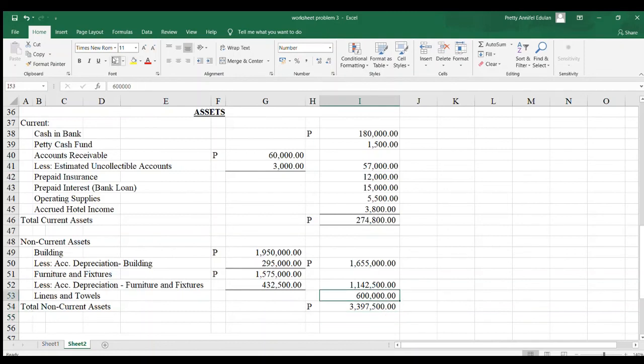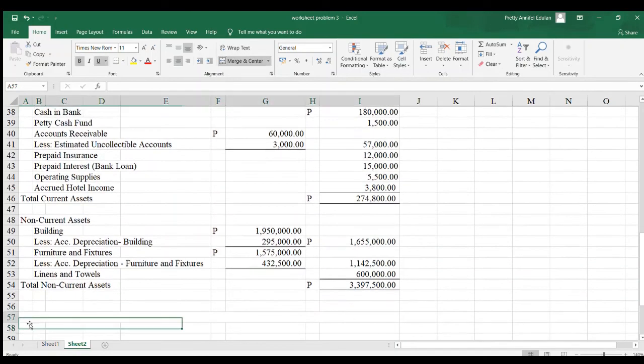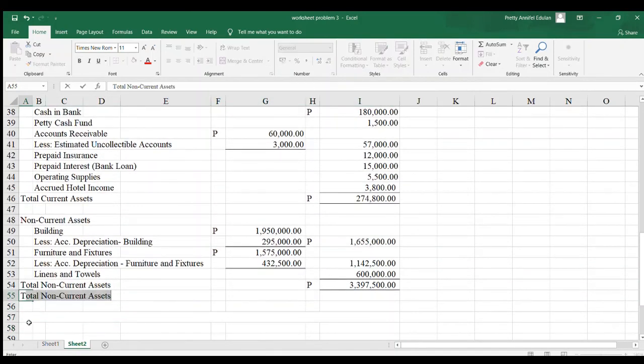Line. And this one also has a line because we will add that to get the total assets. This will be your total assets.